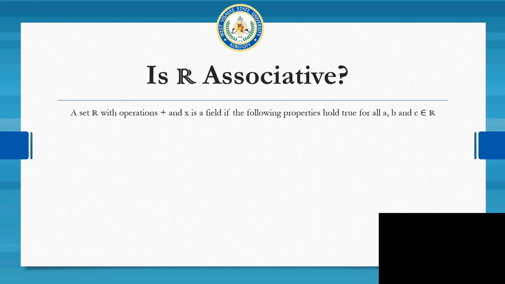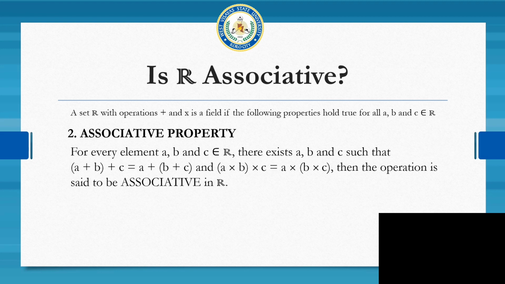Now, let us find out if the set of real numbers is associative under addition and multiplication. For every element A, B, and C of the real numbers, if quantity A plus B plus C is equal to A plus quantity B plus C, and quantity A times B times C is equal to A times quantity B times C, then the operation is said to be associative in the set of real numbers.